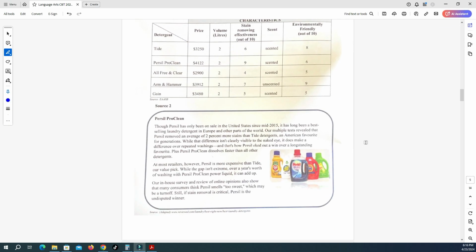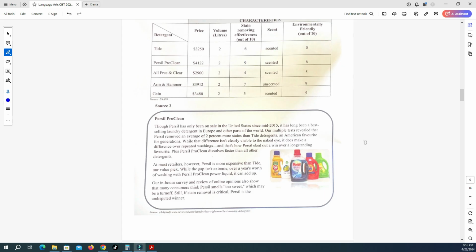So let's read. Persil Pro Clean. Though Persil has only been on sale in the United States since mid-2015, it has long been a best-selling laundry detergent in Europe and other parts of the world. Our multiple tests reveal that Persil removed an average of 2% more stains than Tide detergents, an American favorite for generations.